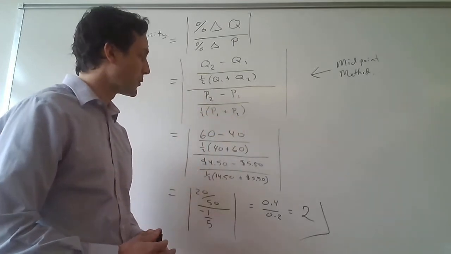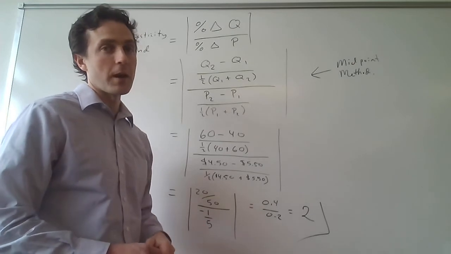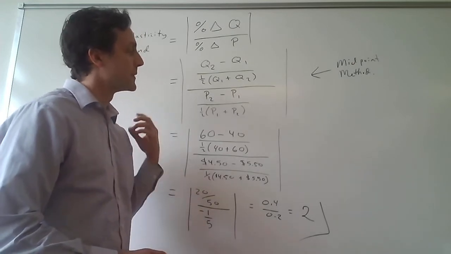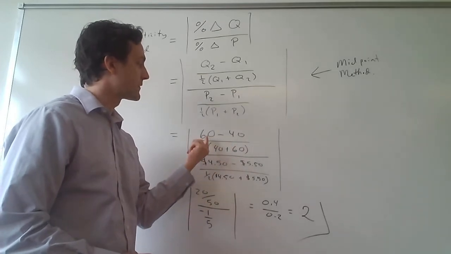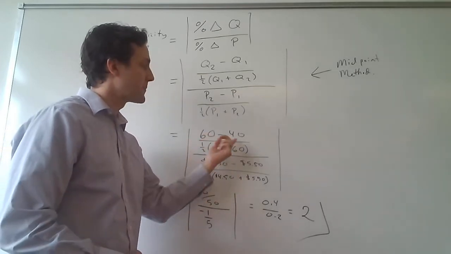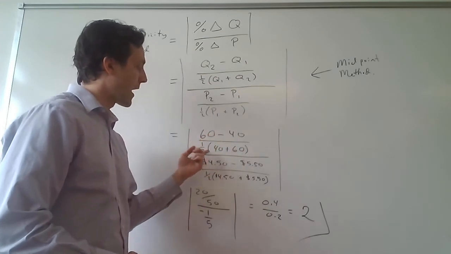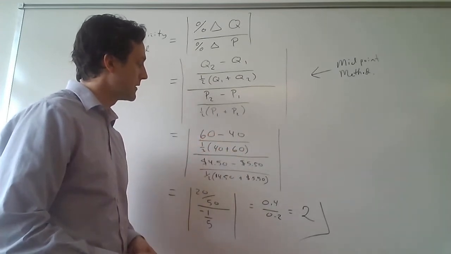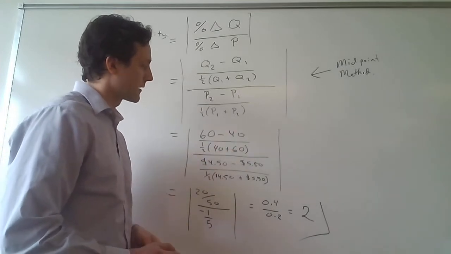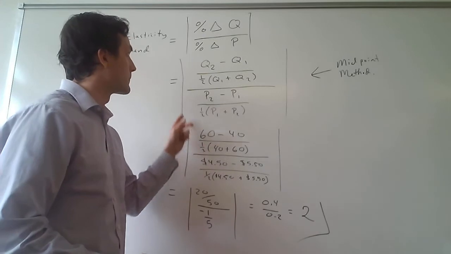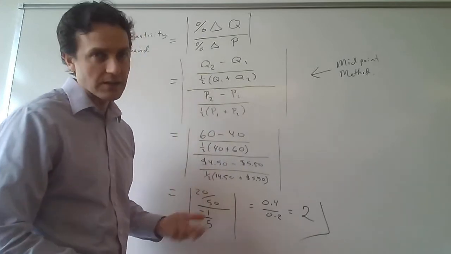Okay, so in this example, the quantity demanded for watermelons went up from 40 to 60. So the beginning quantity is 40, the ending quantity is 60. The change is 60 minus 40, and the average is 1/2 (40 plus 60). That's the numerator, the relative change in the quantity.